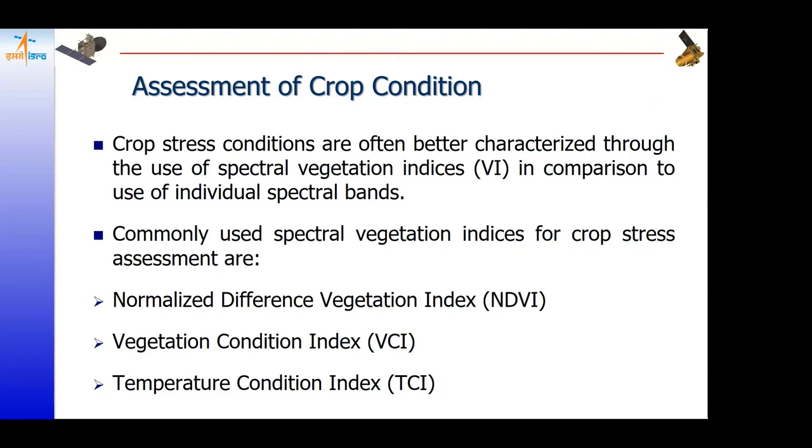As I named a few in the same slide, like NDVI, normalized difference vegetation index, vegetation condition index, temperature condition index, along with a number of indices in the same series, like VTCI, vegetation temperature condition index, then NDVI anomaly index. So a number of indices we can ultimately use to define the crop condition, or the crop stress level in terms of severity, low to moderate to high.